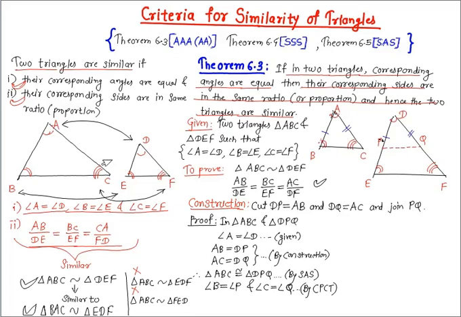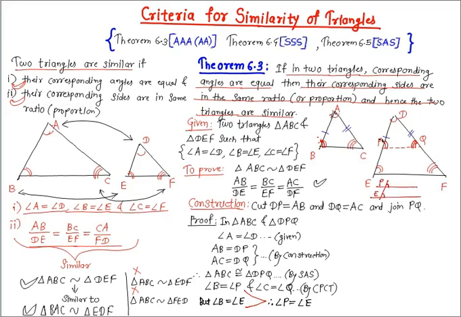So if you see in the diagram, this angle B is equal to angle P and angle C is equal to angle Q. But angle B is equal to angle E. That is given, right? So from these two, we can say angle P is equal to angle E. If you see in the diagram, we have line PQ like this and side EF like this, and we have P here and E here.